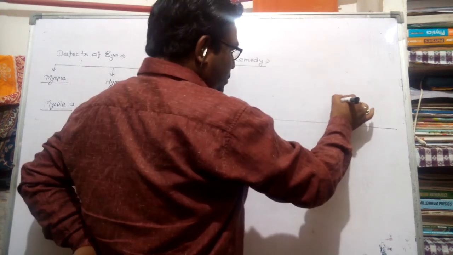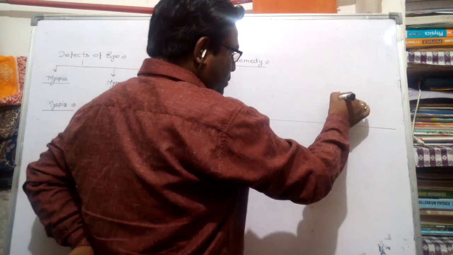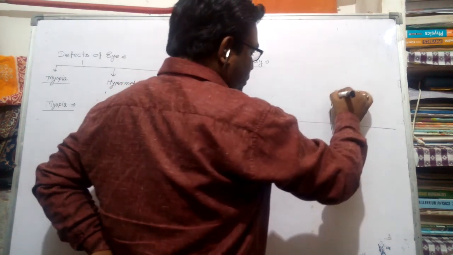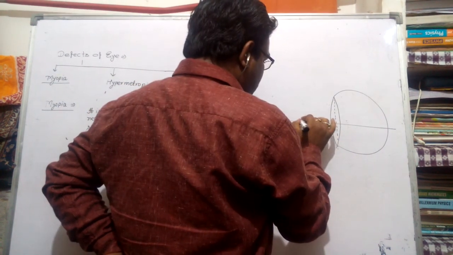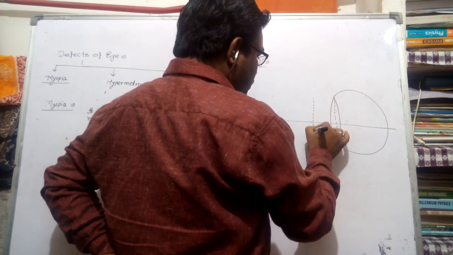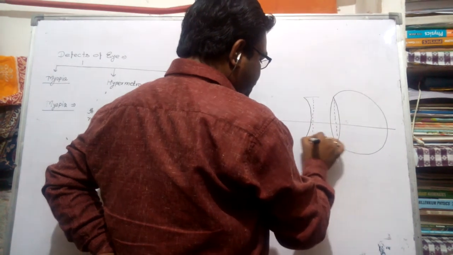First, convex lens. Look very carefully. This is a convex lens, and here is the concave lens.